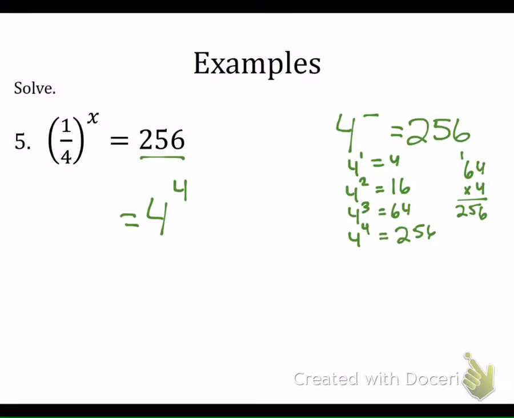That's not all the way helpful. What am I going to do now? You're close, but you have one word off. She said flip it and make the 4 negative. I don't want to do that.